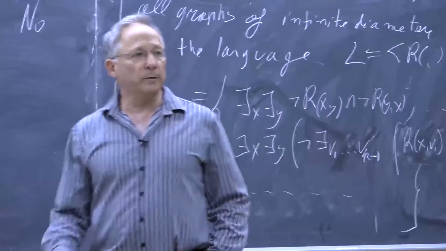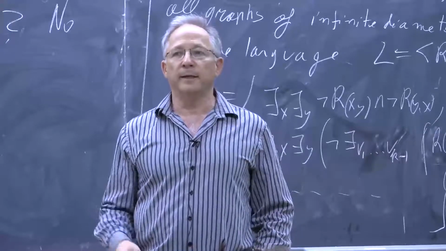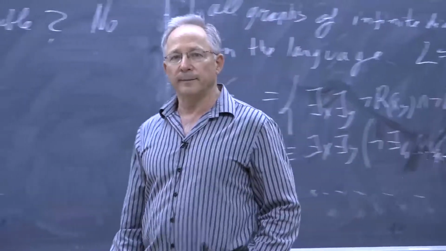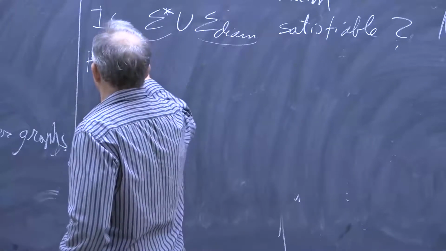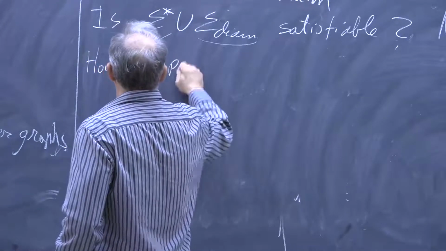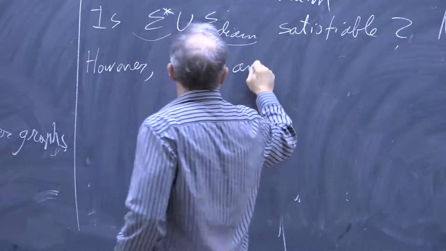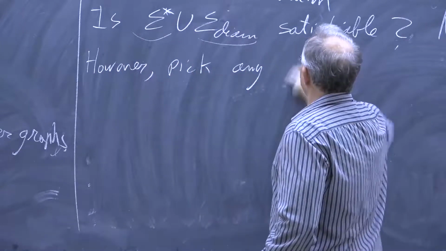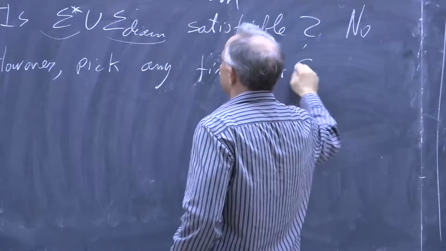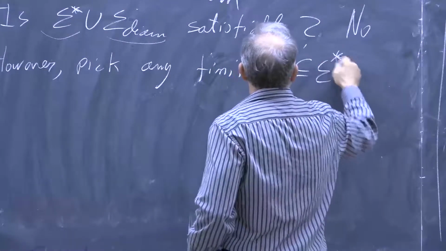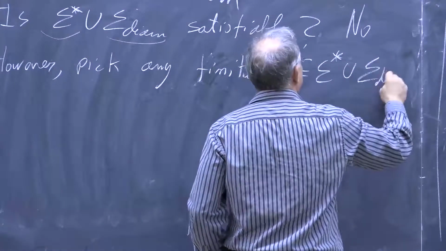Now we are going to show that every finite subset is satisfiable. However, pick any finite subset A of sigma star union sigma diameter.